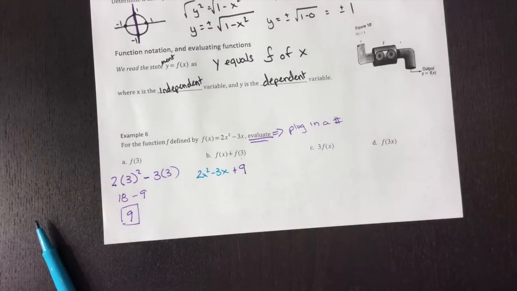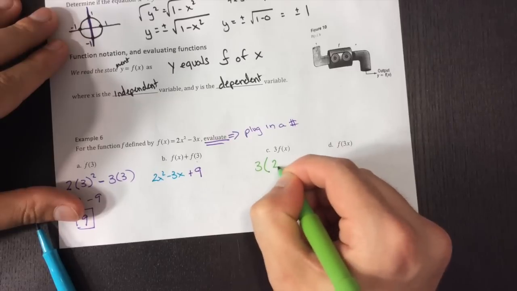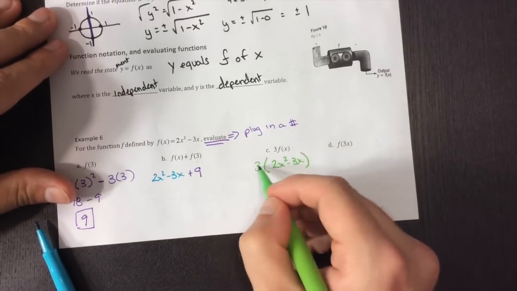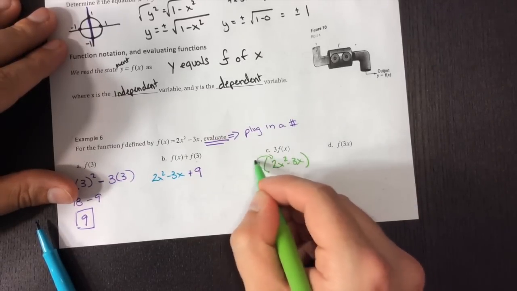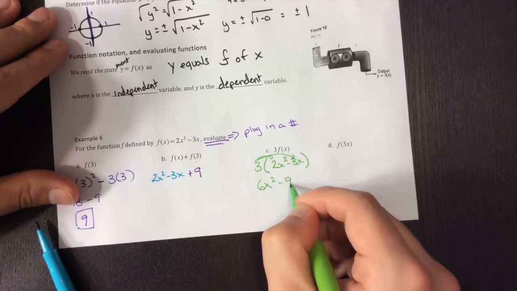If I'm looking for 3 times f of x squared, I want 3 times one copy of 2x squared minus 3x. So I'm going to distribute that, which gives me 6x squared minus 9x.